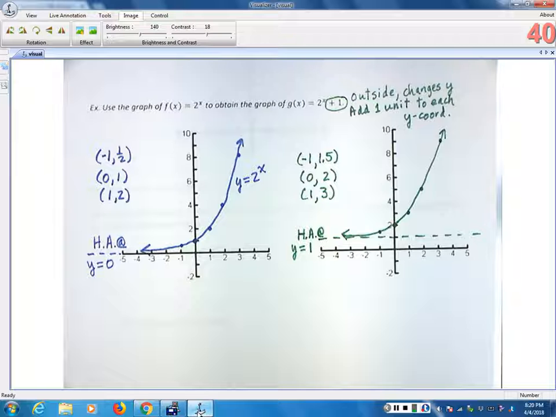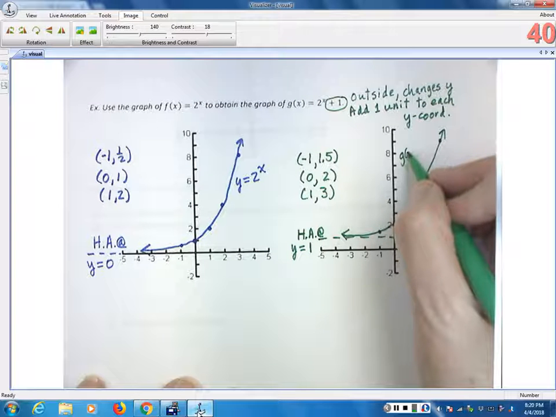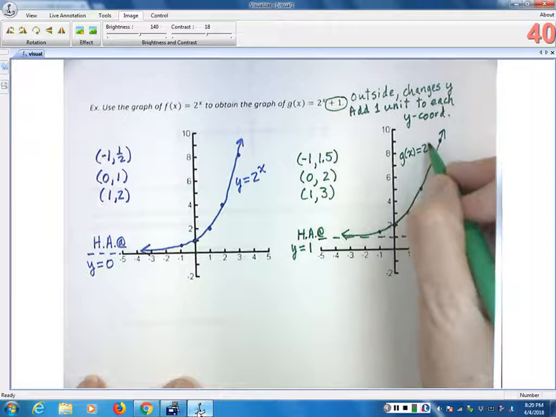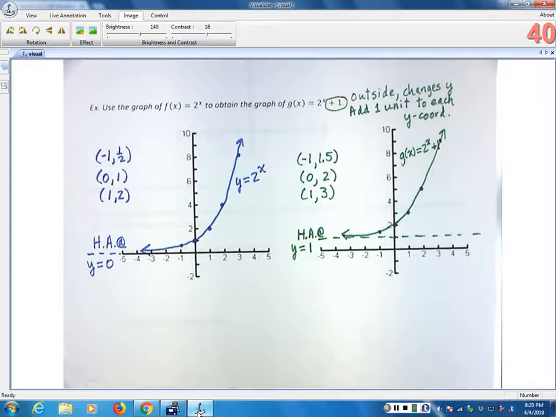Okay, so there's the graph of x plus 1. It's plus 1. You're out of room. Not up in the exponent. That's why it's on the outside.